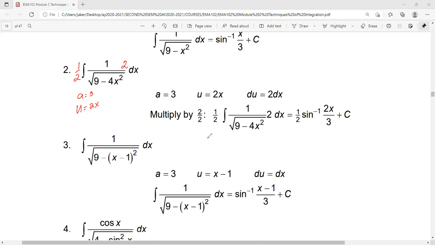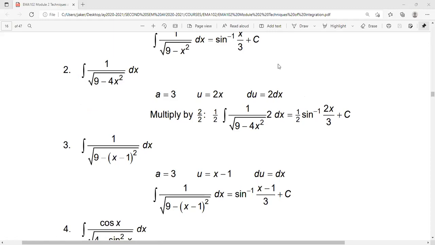So you'll have 1/2 the arc sine of the u, which is 2x divided by 3. Very simple. As long as you can identify right away that this form is yielding an arc sine. Do you get it? Okay. No question?